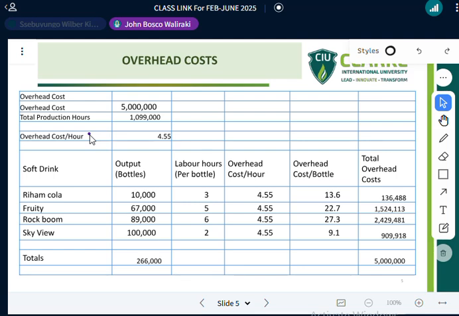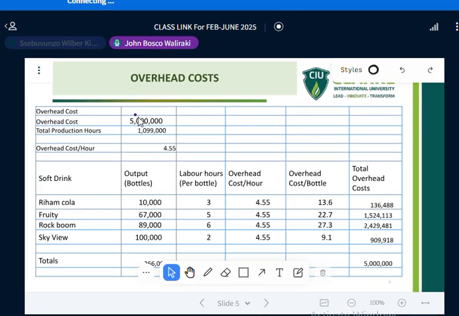For a single hour, how much? That is overhead cost per hour. So we are getting the total overhead cost for the period divided by the total labor hours, which here are even called production hours, but others could call it labor hours because your production is taking place at the same time laborers are working.